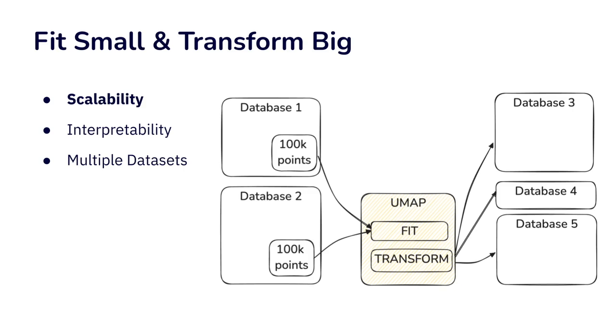So the scalability bottleneck is really just in this stage of fitting the UMAP model. But after this stage, we are able to visualize as many data points as we want.